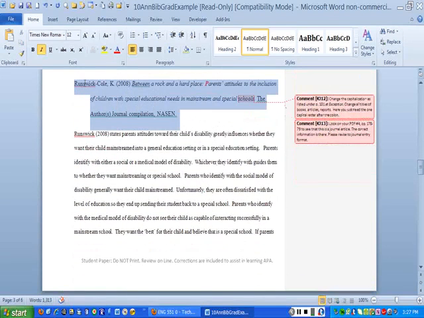Here's Brunswick Cull. And either the student started doing this correctly or the tracking isn't showing. But the only correction here that the instructor made was the capital P on parents after the colon. The only other capital is here at the beginning.